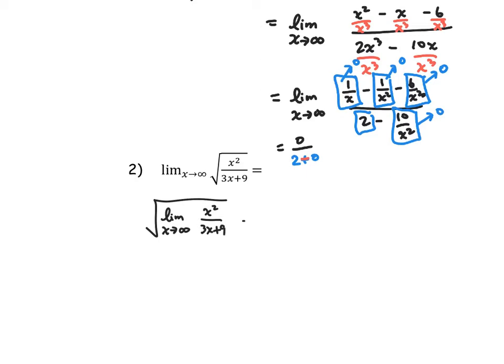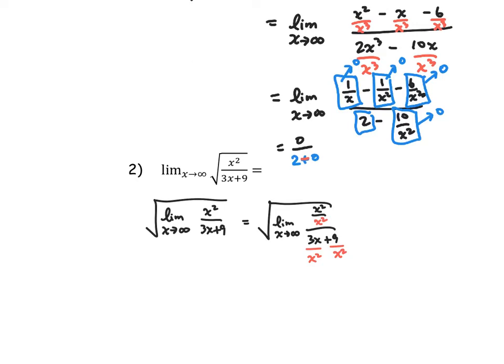I'm going to do exactly what I did before. I'm going to divide everything by the highest power. So that would be x squared over the highest power, x squared, divided by 3x plus 9, also over x squared and x squared.